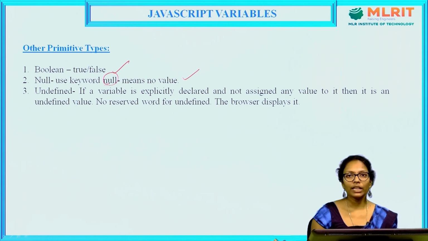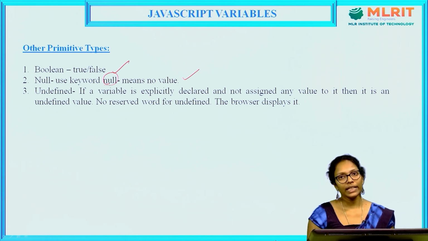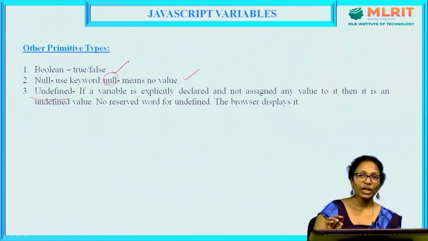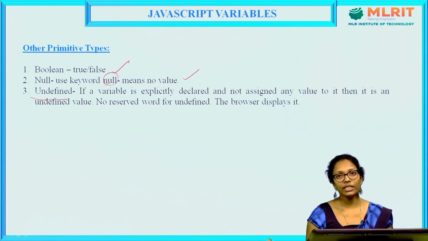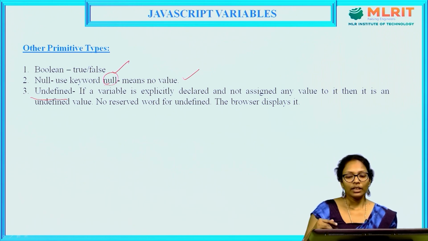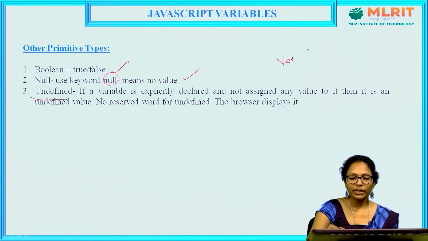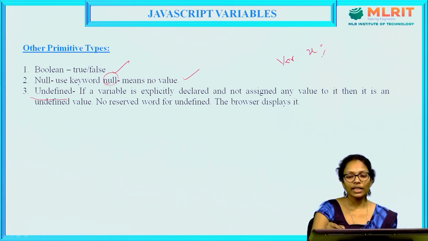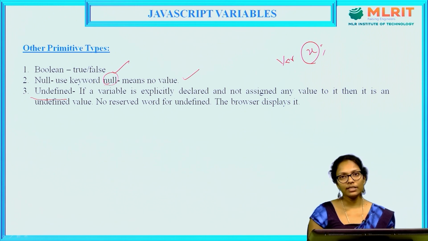At the time of declaration, if you don't want to assign any value, you can assign your variable the null value. And coming to undefined, we don't have any predefined keyword for it, but if you simply declare a variable and do not assign any value, then the value of x will be considered undefined.